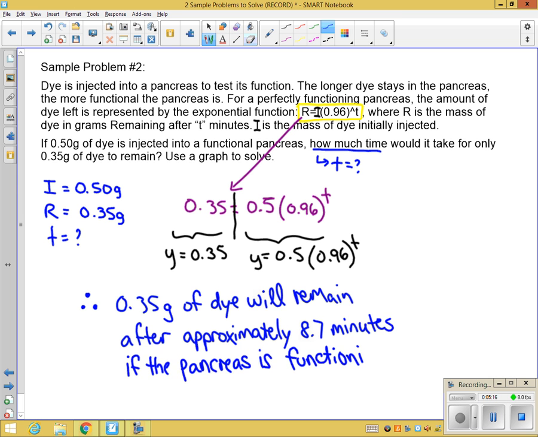Because remember, that equation is representing if it's a good pancreas. If the pancreas is perfectly fine and it's functioning the best that it can, that's when this exponential equation represents it.